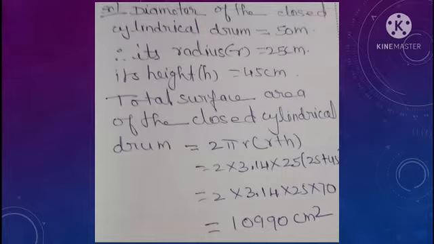So 25 plus 45, when we add we will get 70, that is equal to 2 into 3.14 into 25 into 70. When we multiply we will get 10,990 centimeters square. Therefore, total surface area of a closed cylindrical drum is equal to 10,990 centimeters square is the answer.